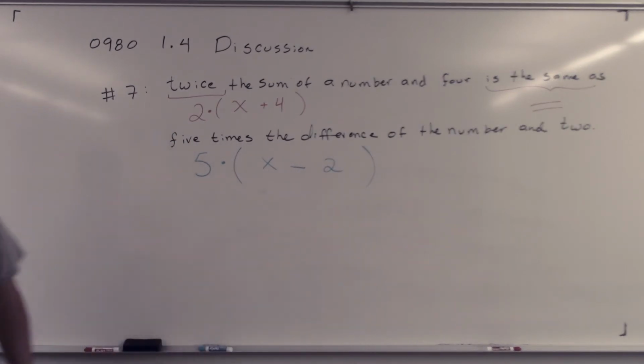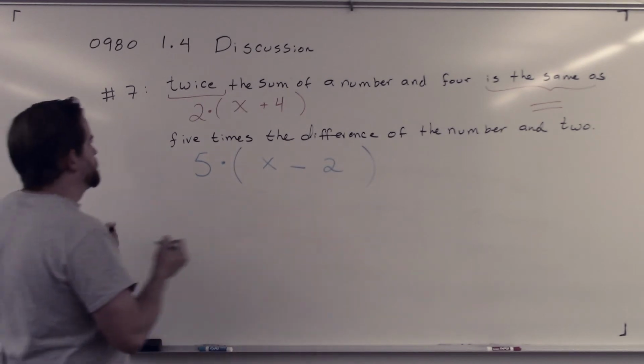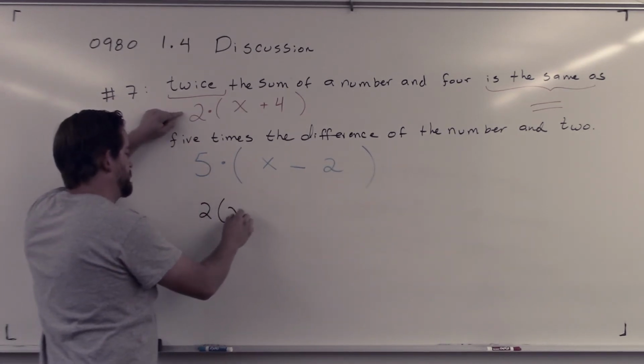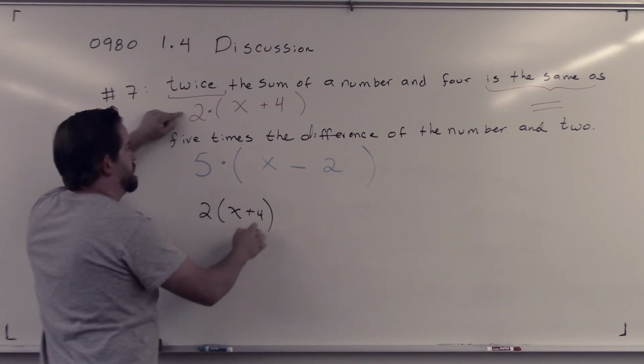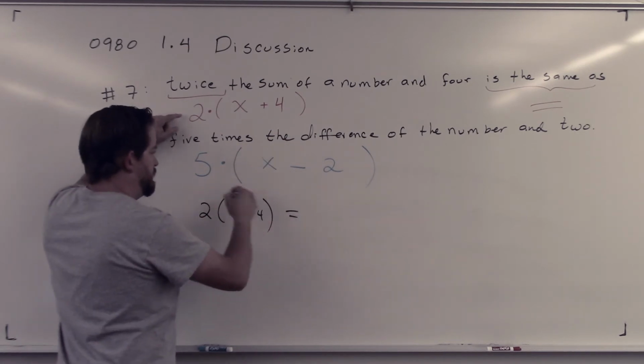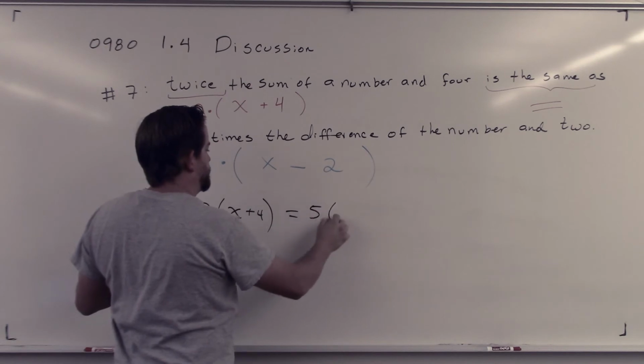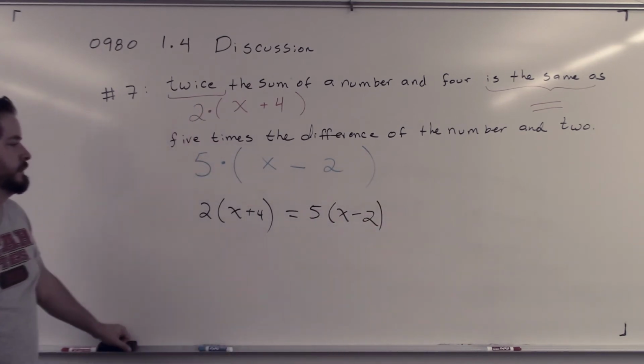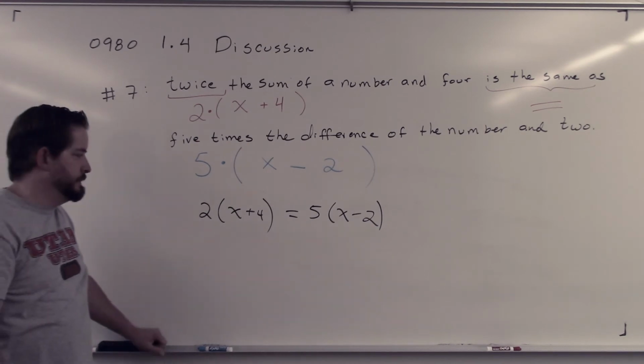So in the end, my expression is this. 2 times x plus 4 equals 5 times x minus 2. And I just have to solve this.